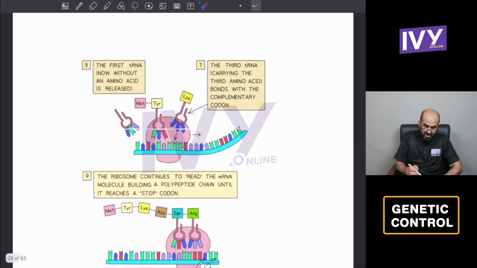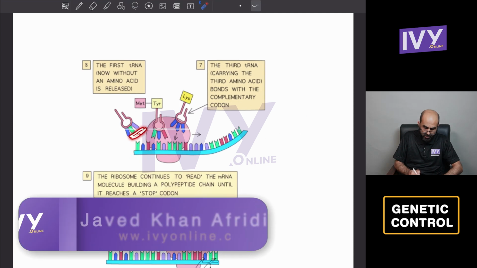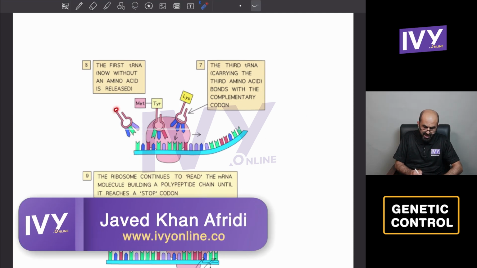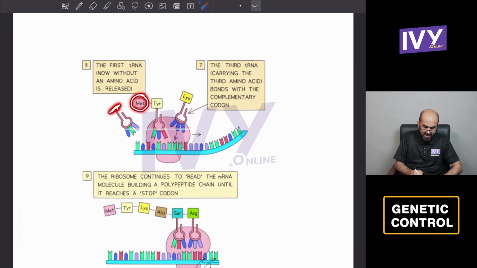You can see in the next step, the third tRNA carrying the third amino acid bonds with the complementary codon. Now this is outside, and its tRNA also breaks the hydrogen bond, leaving its amino acid methionine. So both the amino acyl bond and the hydrogen bonds have been broken down. The tRNA is now free to move away, leaving its amino acid methionine at the ribosome.